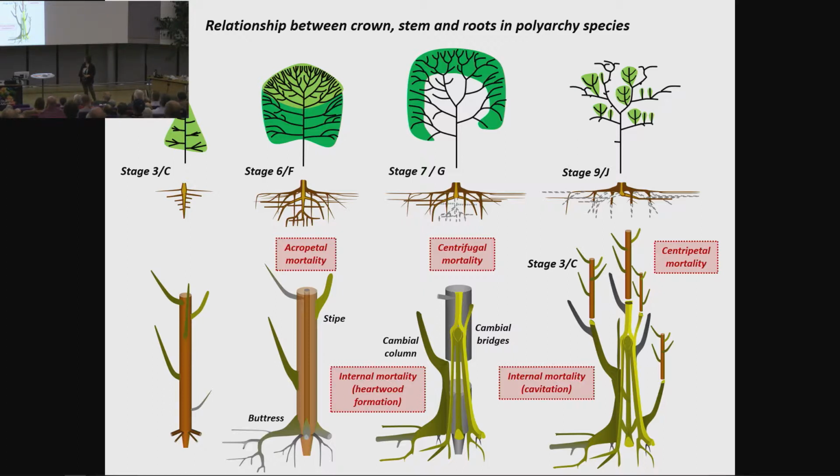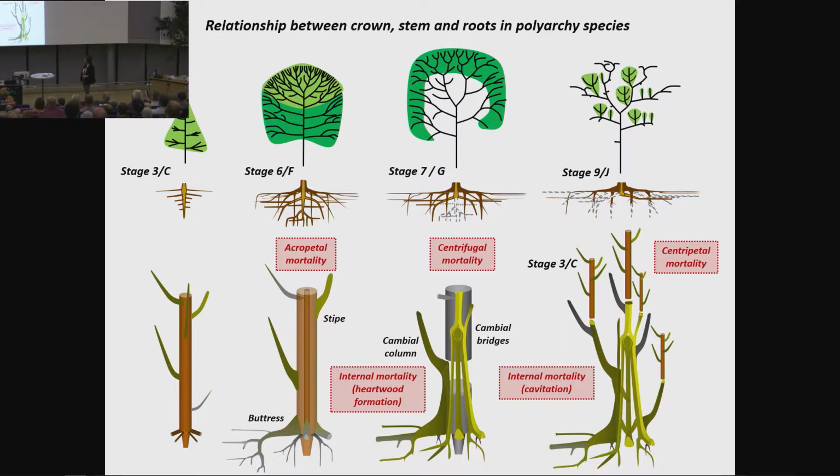After a while, as we said, some branches develop. Going further in the stage of development of the tree, some branches develop cambial columns, or at least buttresses and stipes. And there is the heartwood formation.